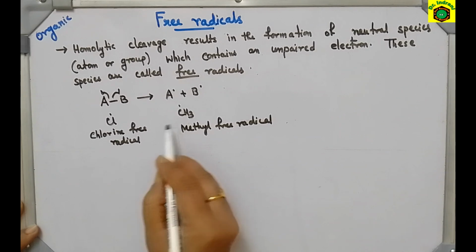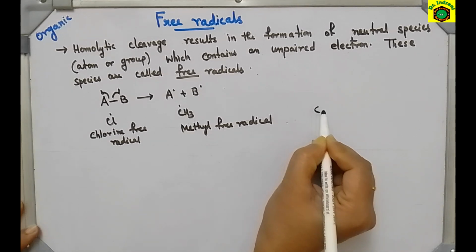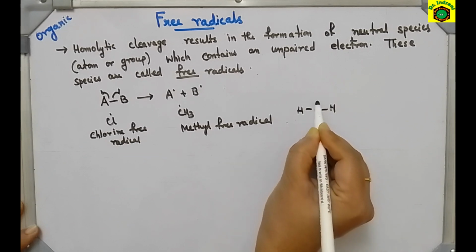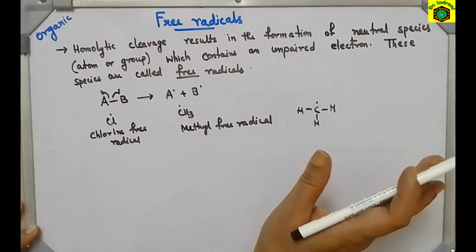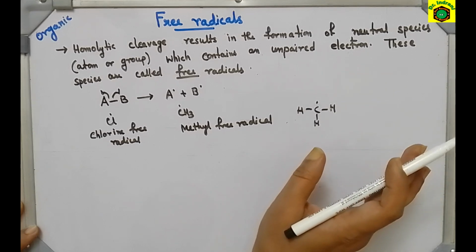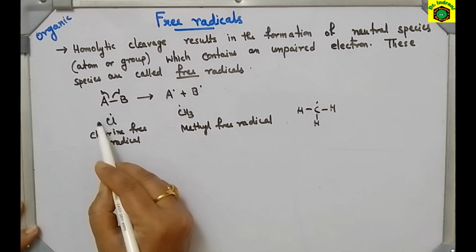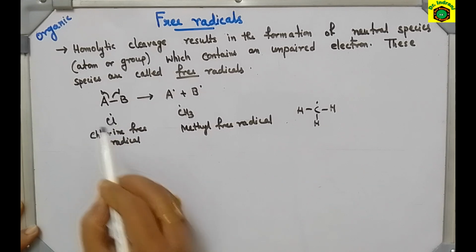Now see, in these free radicals, consider this one. Here, after sharing, how many electrons are there in the valence shell of carbon? After sharing, it is having 1, 2, 3, 4, 5, 6, 7. 7 electrons means it is having odd electrons. Here also, it is having 7 electrons in its valence shell.